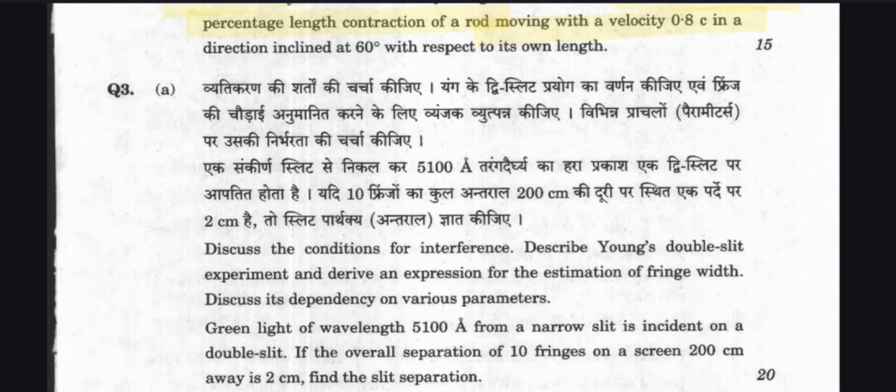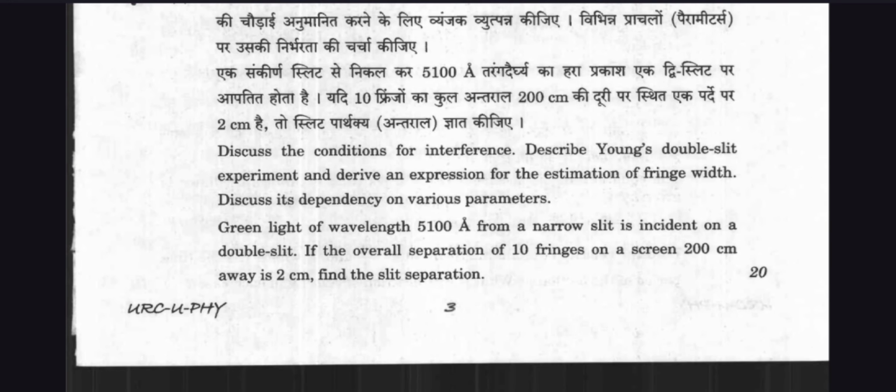And question number 3 is here. Discuss the condition of interference, describe Young's double slit experiment, and derive an expression for the fringe width. Discuss its dependence on various parameters.